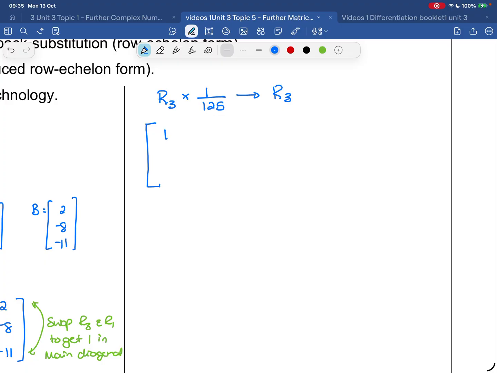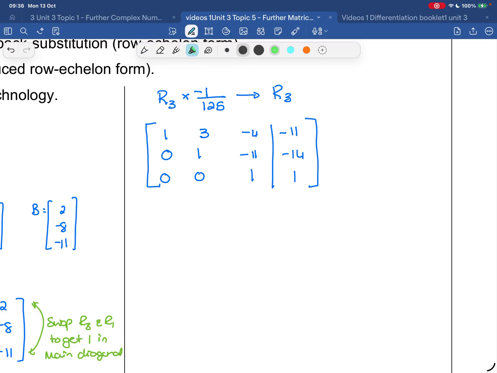So I've got 1, 3, negative 4, negative 11. I'm not touching row 2, 0, 1, negative 11, negative 14. And I am now dividing by, it was negative 125 that I needed to divide by. So 0 divided by negative 125 is 0. That's also 0. I have a positive 1 over here and a positive 1 over here.